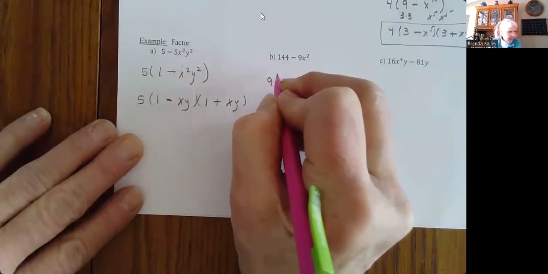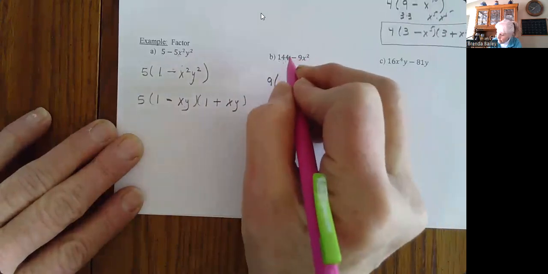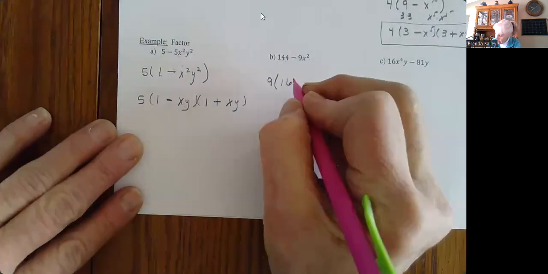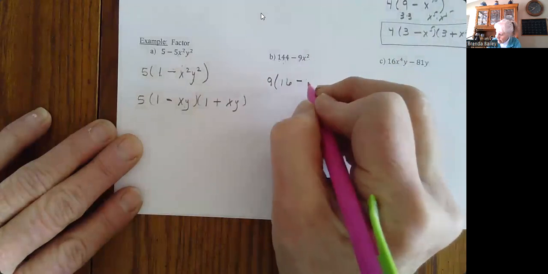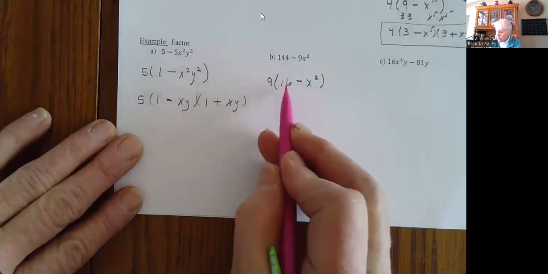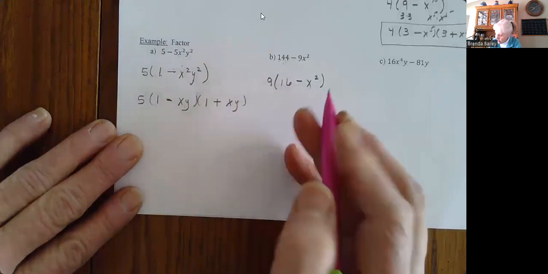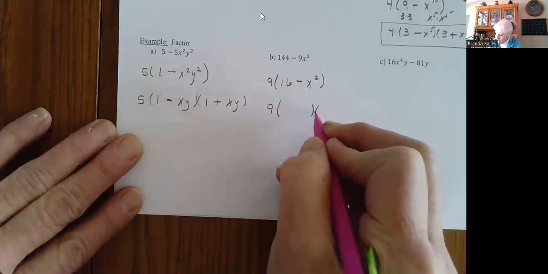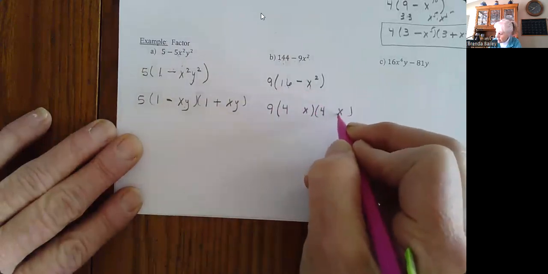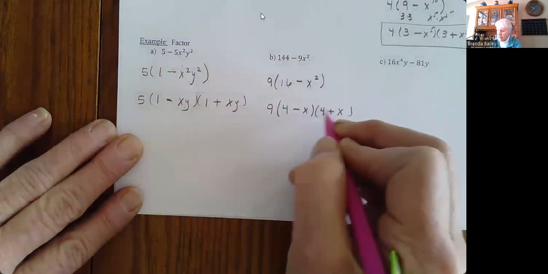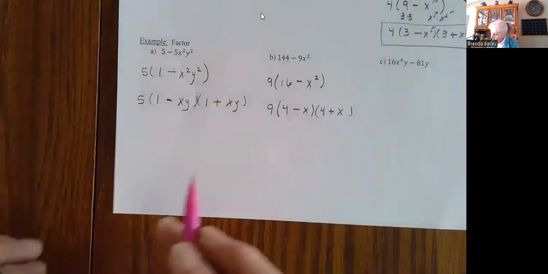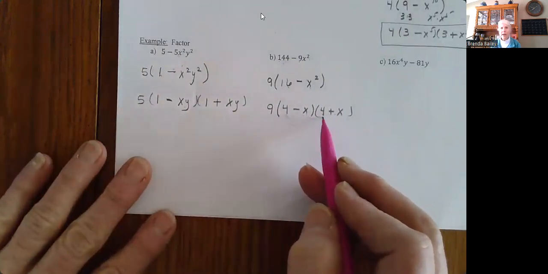So 9 times 144 divided by 9 is 16, minus 9 divided by 9 is 1x squared. We have a difference of 2 squares because 4 times 4 is this, x times x is this. 4 times 4 is 16. x times x is x squared, minus plus, or plus minus. The order doesn't matter. And you'll notice that you will not get a middle term with your OI. Positive 4x and a negative 4x is 0.